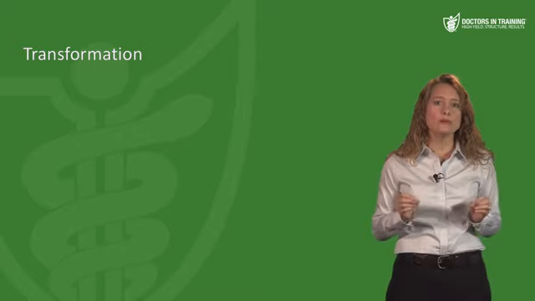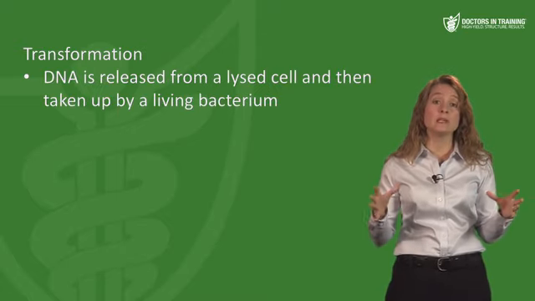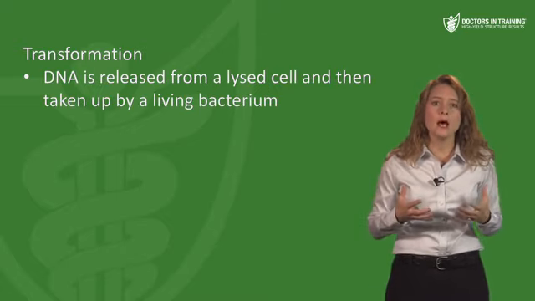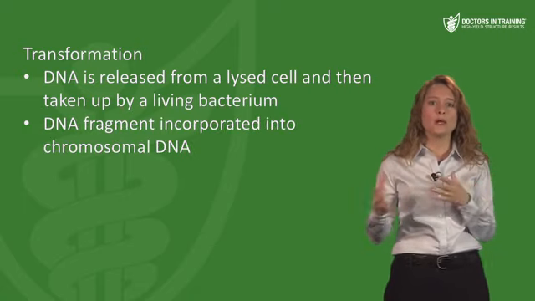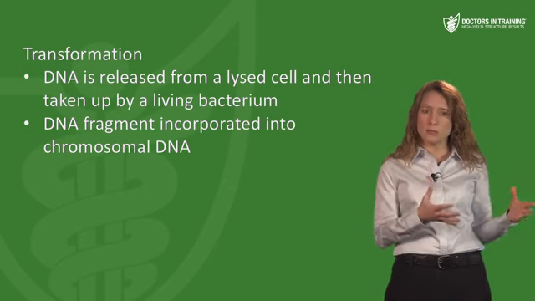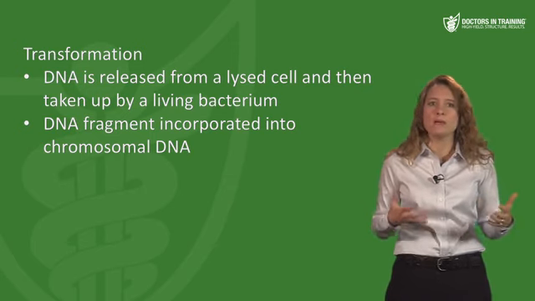Okay, so besides conjugation, plasmids, what are some other mechanisms of genetic change in bacteria? Well, let's talk about 3 others. First, transformation. Transformation occurs when DNA is released from a lysed cell and is then taken up by a living bacterium. These DNA fragments can then be incorporated into the chromosomal DNA of the recipient bacterium, resulting in a recombinant bacterium.